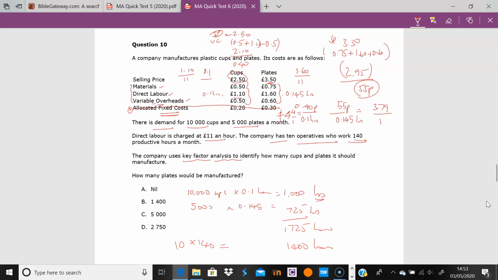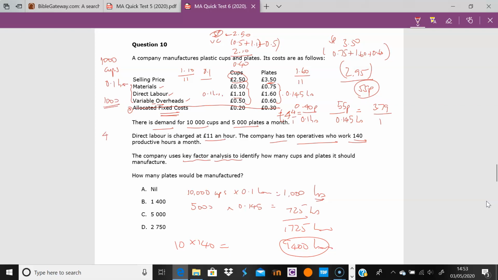I'm basically trying to use these 1,400 hours as best as I can in the short term. So I will make 1,000 cups first, and because each cup takes 0.1 hours, I will use up 1,000 hours. How much time will I have left?